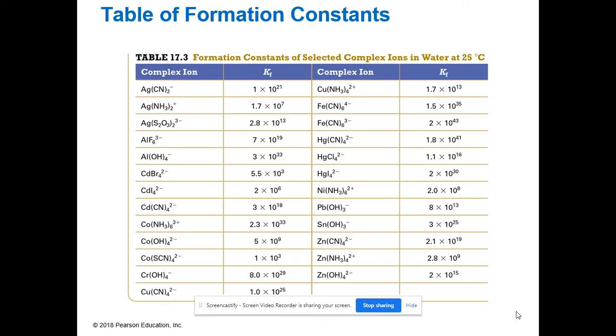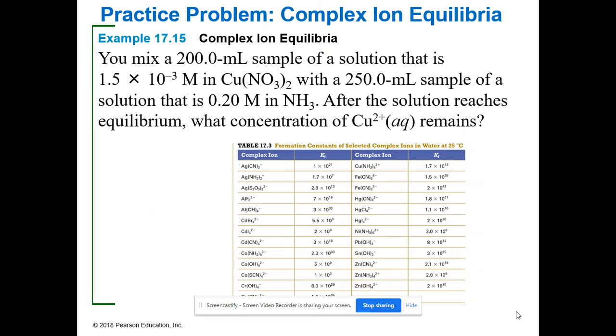Thankfully, we once again have a table of formation constants. It also tells you how many of each you need. So if we look at the top right, at that copper ammonia, you see that you're going to need 4 ammonias to combine with 1 copper, and it gives you the Kf value. That'll be important when we start writing these equations. So here's a problem.